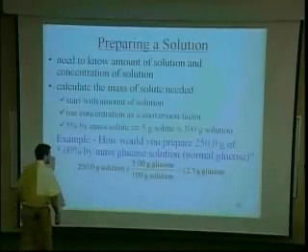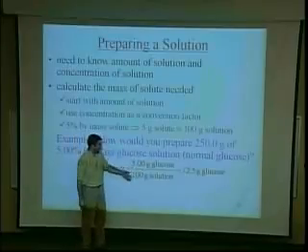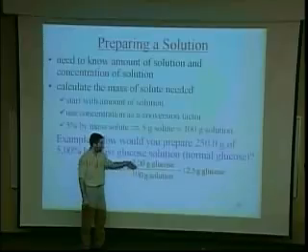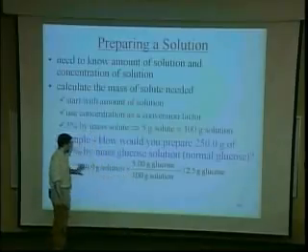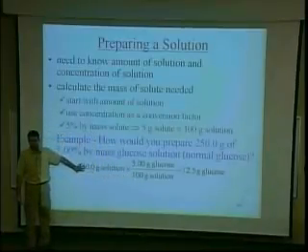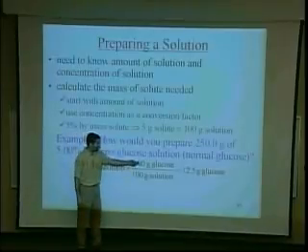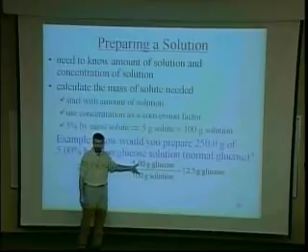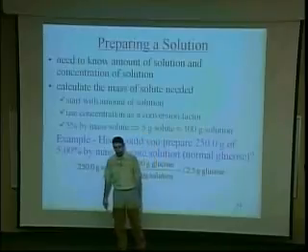If I have 5% means of 100, that means a conversion factor for 5% would be the same thing as 5 grams of glucose in 100 grams of solution, even though I want 250 grams of solution. So I can start with 250 grams of solution, set up the equivalency of 5 grams for every 100 grams of solution that's present, and use that as a conversion factor. What that tells me is that I need 12.5 grams of glucose.